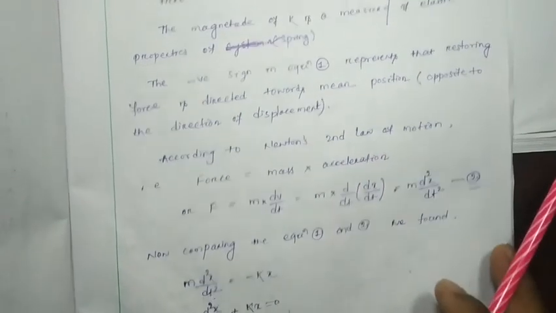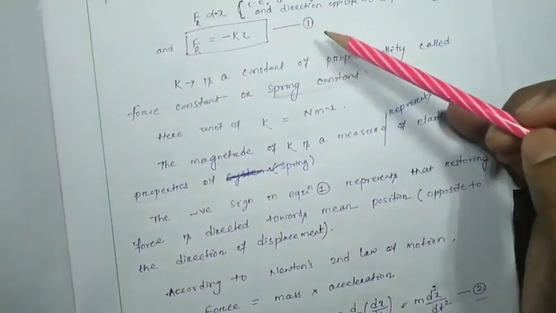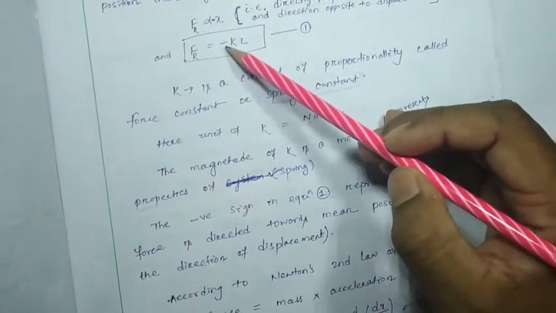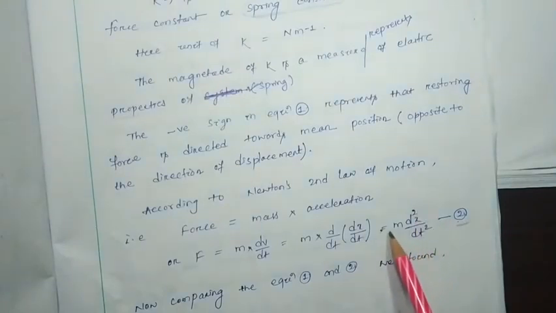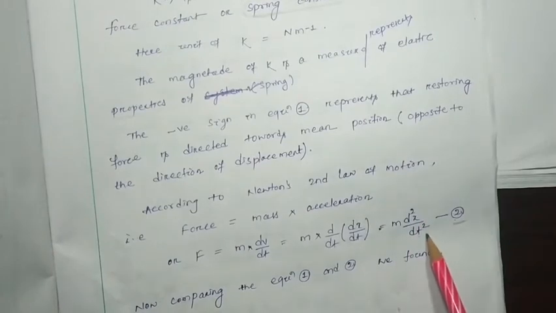Now we compare equation number 1 and 2. In equation 1, the force is equal to minus kx, and in equation 2 the force is represented in differential form as m d square x by dt square.